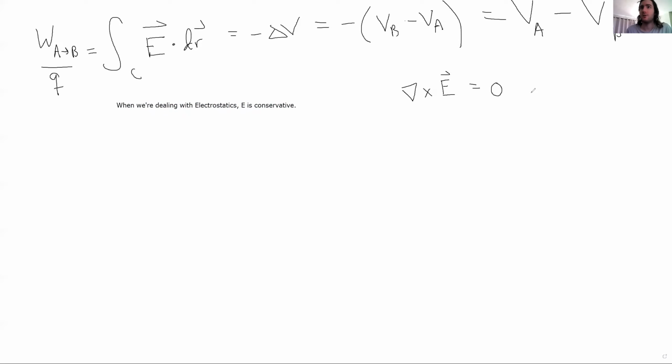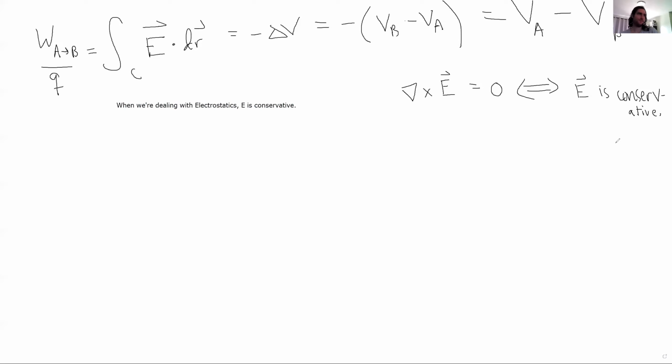That's technically true, but it's actually an if and only if statement. So it goes both ways. If the curl is 0, then it's conservative, and if it's conservative, the curl is also 0. So E is conservative, so the curl of E equals 0.